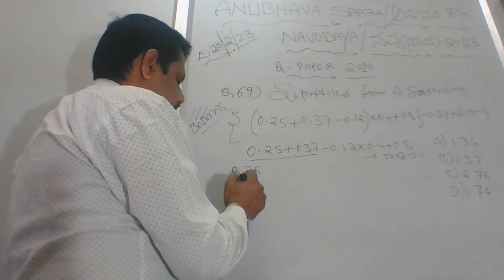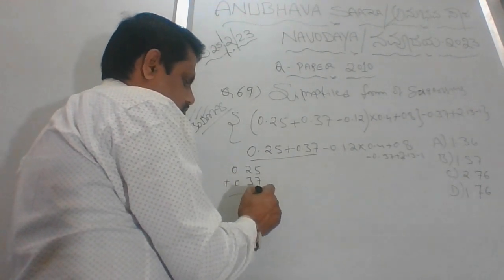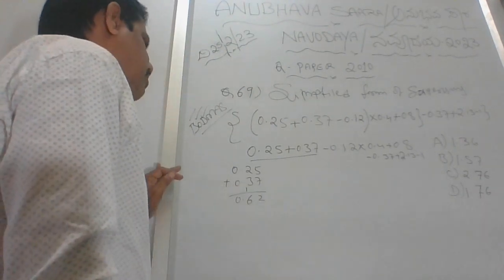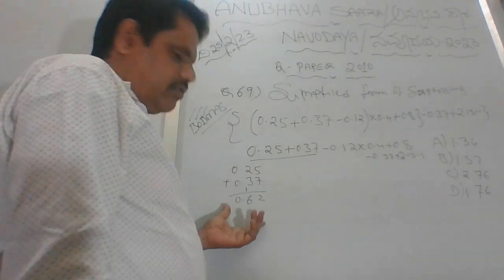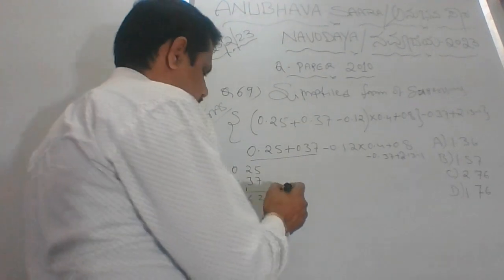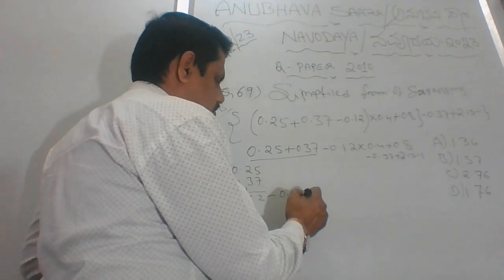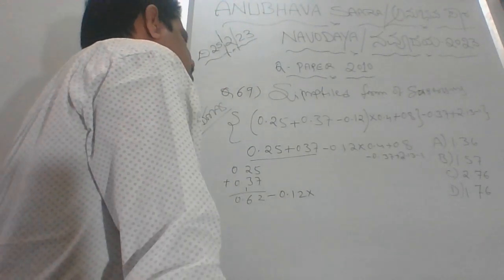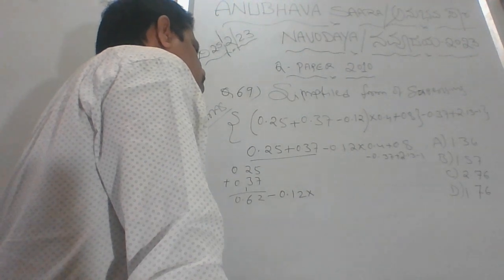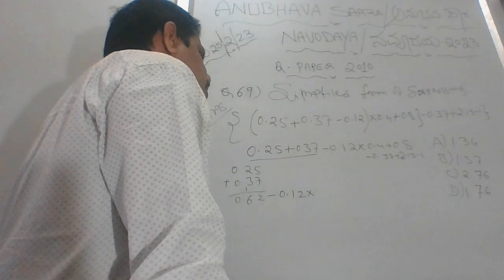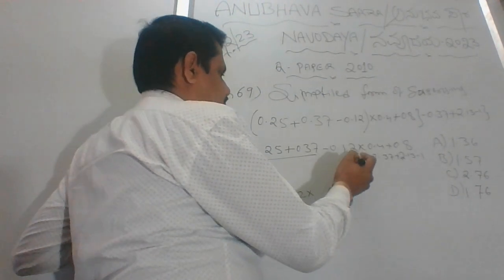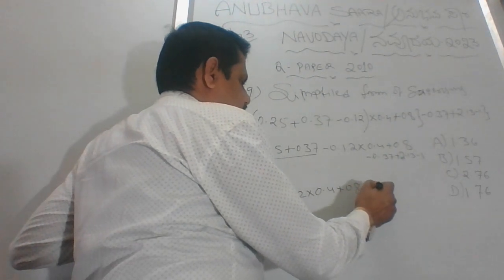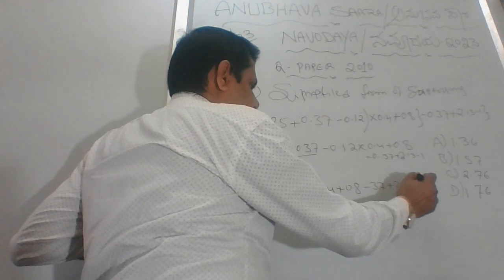So 0.25 plus 0.37 is 0.62. Fine. Minus 0.12, multiplied by 0.4 plus 0.8 minus 0.37 plus 2.13 minus 1.